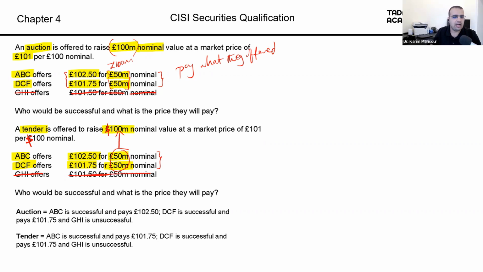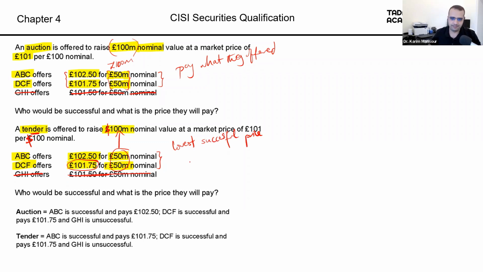Good. How much will ABC and DCF pay? Well, under the tender style, they will pay the lowest successful price. Both of them will pay the lowest successful price. What was the lowest successful price? 101.75.